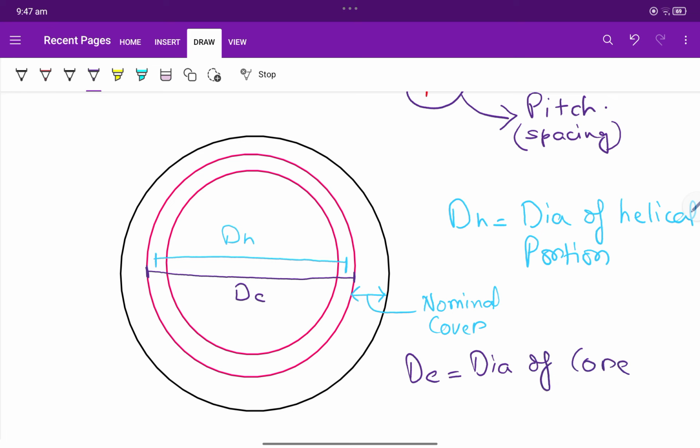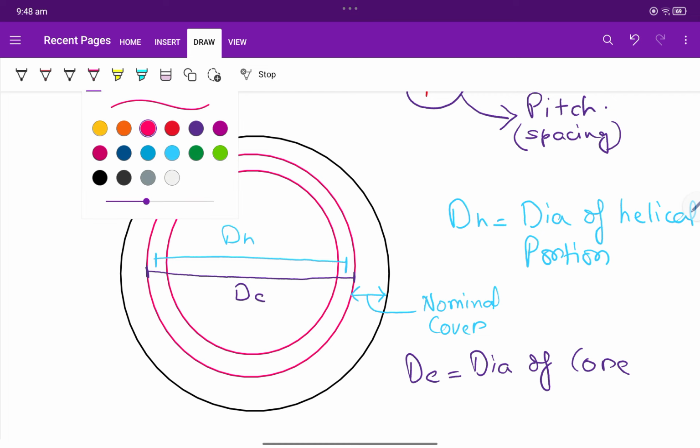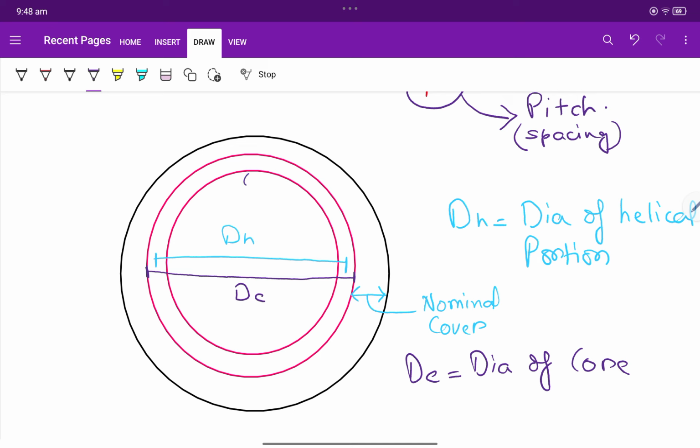Now we will draw the reinforcement also, so it will be easy for you to understand. Okay, so we have drawn the reinforcement also.